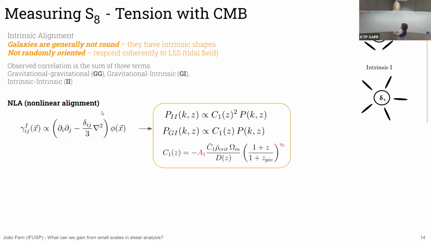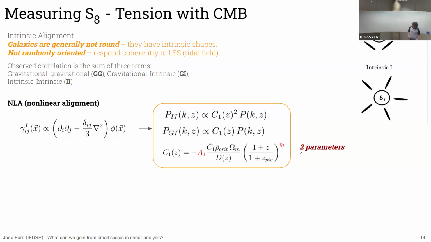With this modeling, your shear correlation will have these II and GI components, which are linearly dependent on the power spectrum. And basically what you have are 2 parameters: A1, which is the amplitude of this intrinsic shape, and a slope, eta1.